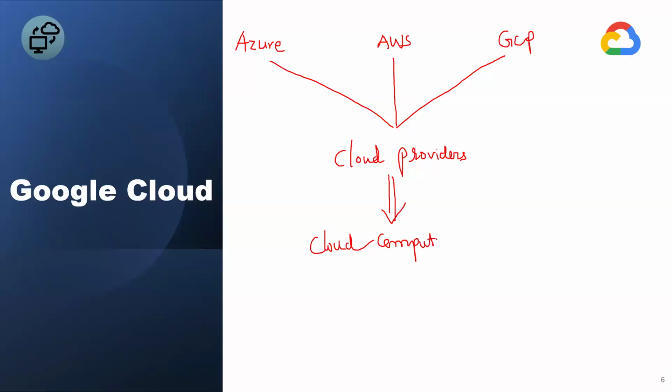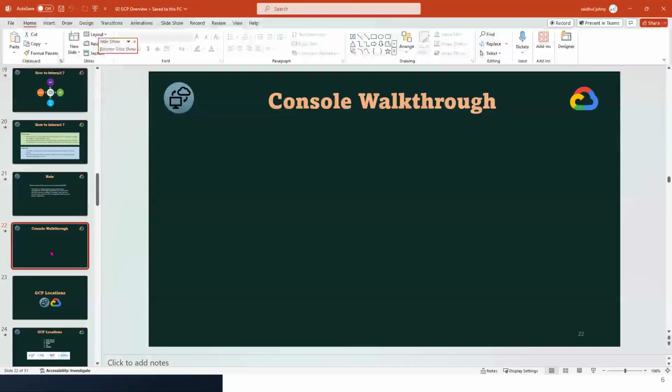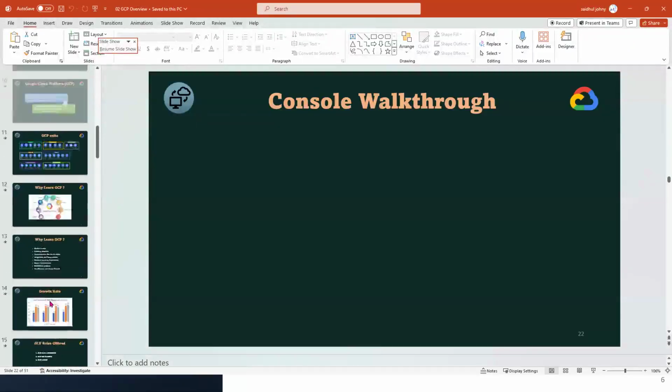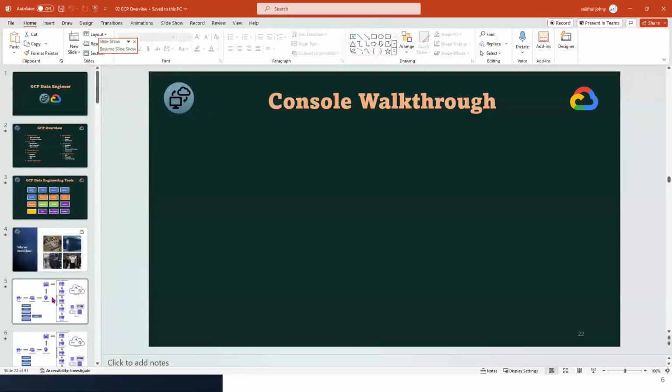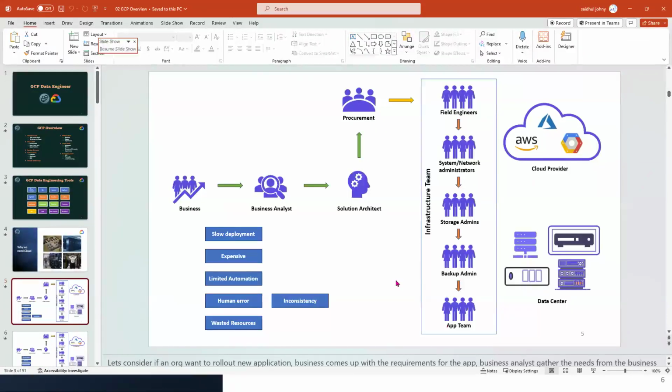Why do we need cloud computing services? We are going to have a very detailed session tomorrow on why we need the cloud platforms. I am going to give you a very good example: how people were working 10 years before and how people are working now.